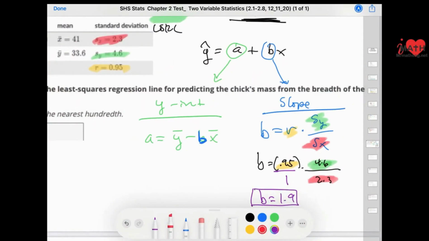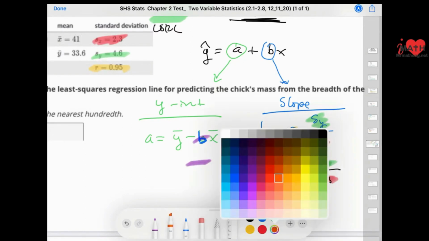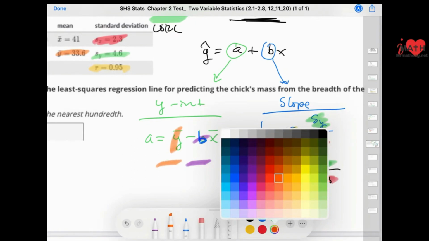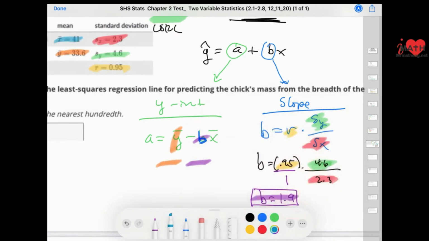Okay, so this value here, B, is going to go right there. And then let's get some other ones. Our average for the y's is going to go here, and our x bar of 41 is going to go there.